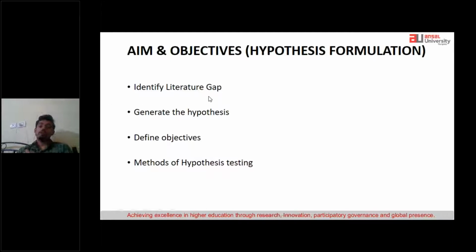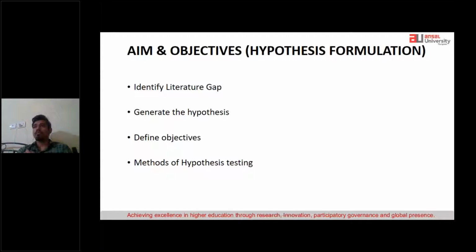This is your literature gap, and you can identify it only when you read your literature. Literature review is an extensive process. Ideally, a literature review requires a minimum of 6 months. For any good research to happen, a literature review takes a minimum of 6 months, and you should read at least 50 to 70 articles related to one topic.